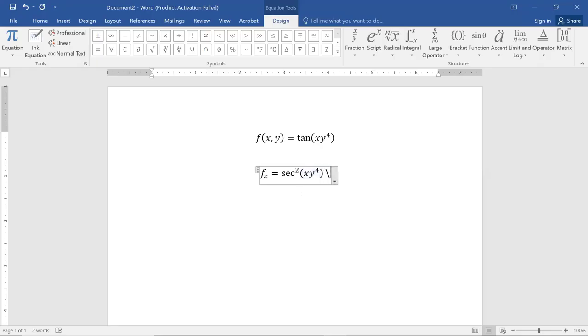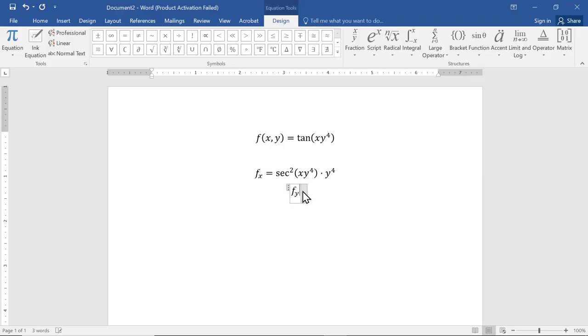And then I'm going to multiply that by the derivative of the inside function. The derivative of the inside function with respect to x is going to be y to the fourth. It's like having a coefficient of y to the fourth times x to the first. So that's my f sub x.